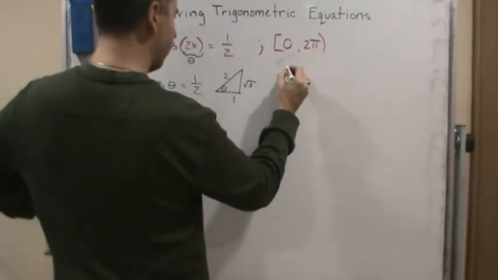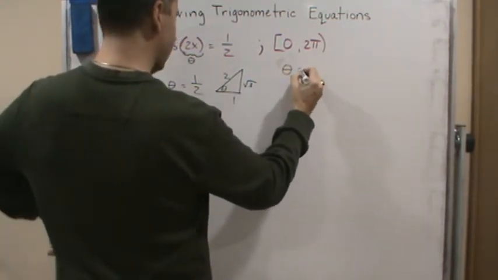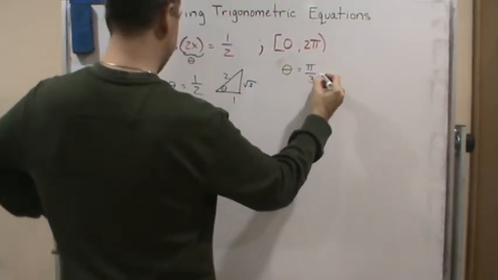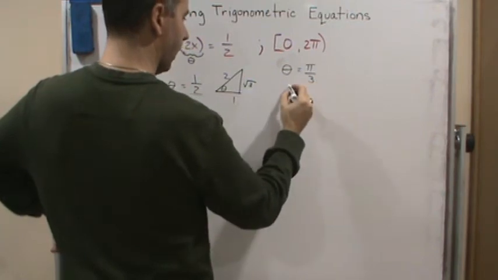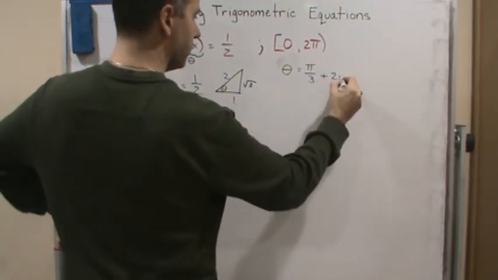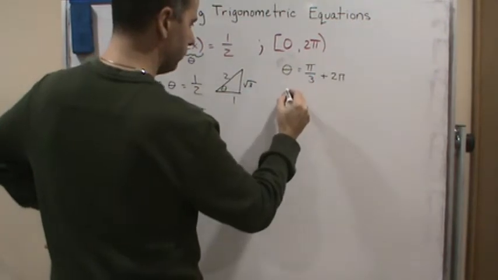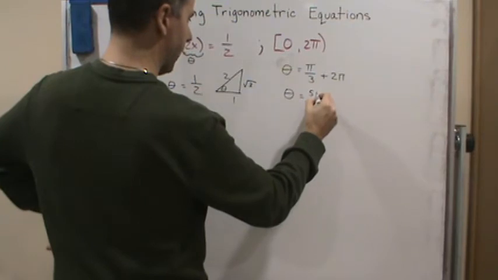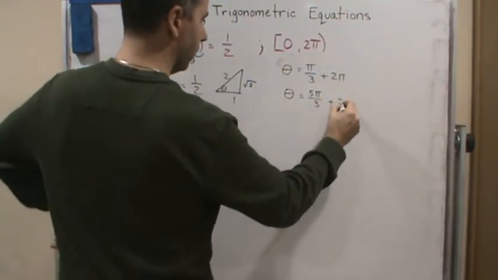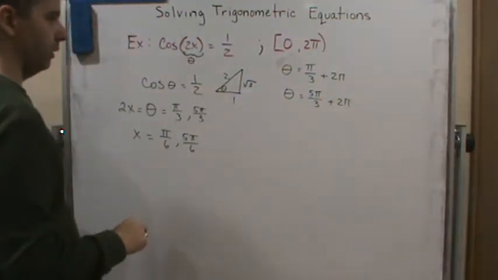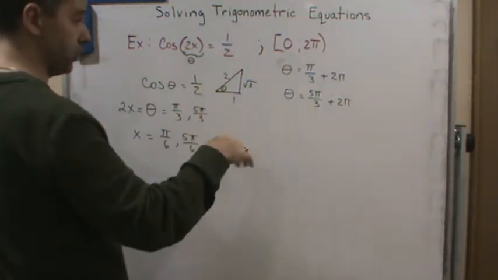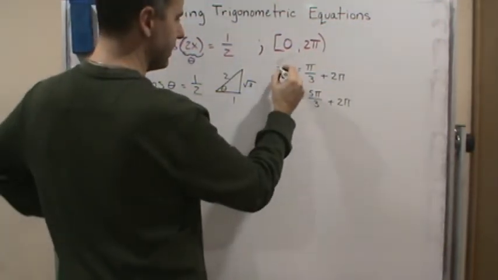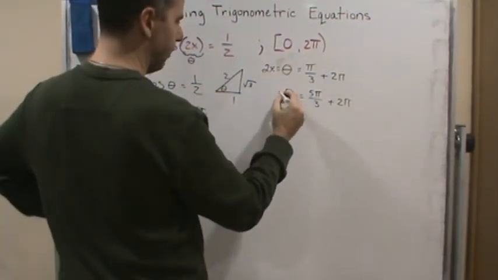So if I say, okay, well, let's do theta equal to pi over 3 plus 2 pi, and theta equals 5 pi over 3 plus 2 pi. That's going to give me another solution to this. But then again, keep in mind that this is equal to 2x, right?